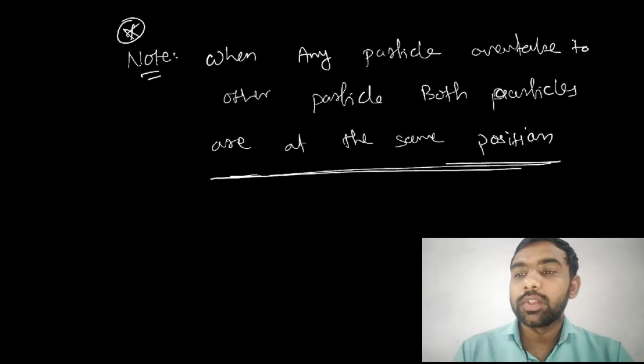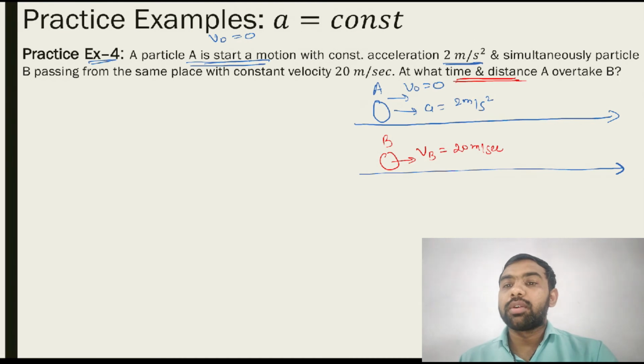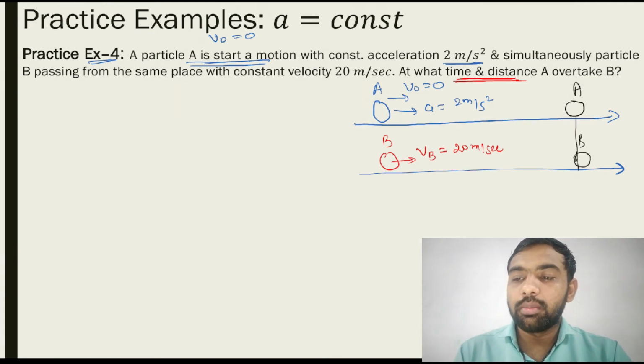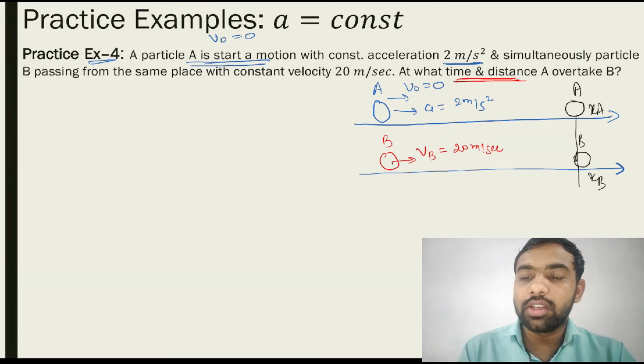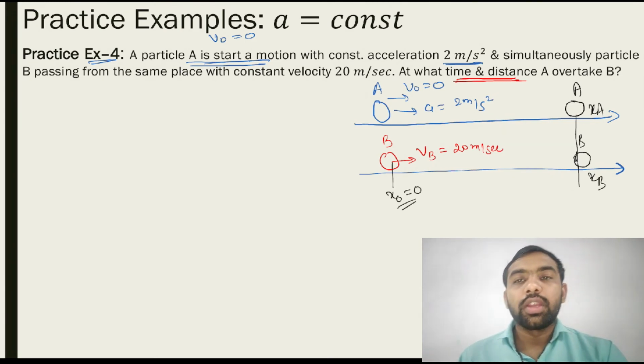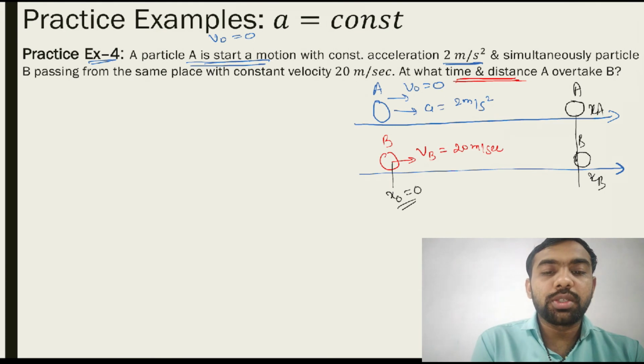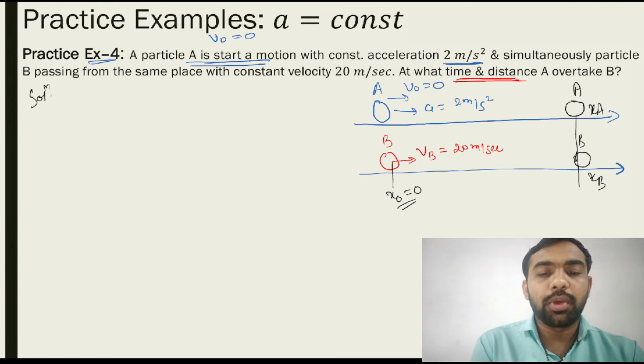Let's come back to example number 4. So when both are overtaking each other, let's consider this particle A is somewhere here and particle B is at the same position. XA and XB both are the same. Consider this initial position is 0. If initial position is 0, then XA is equal to XB. But you must write a solution properly.